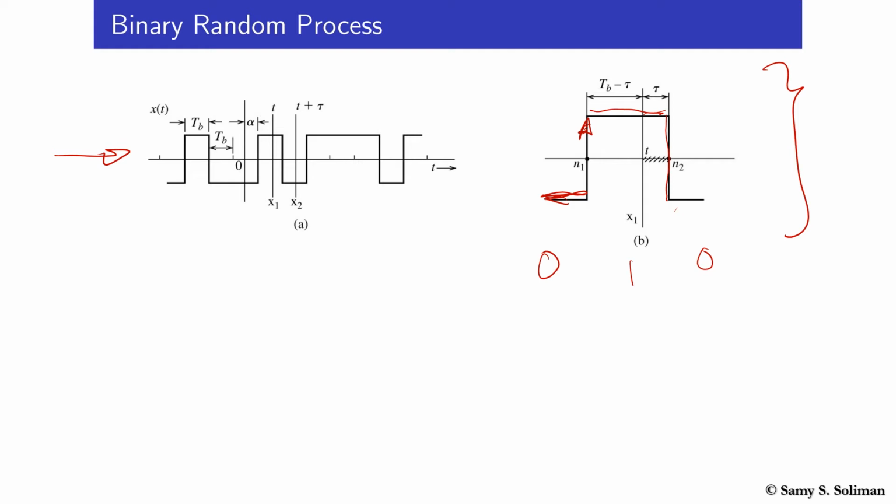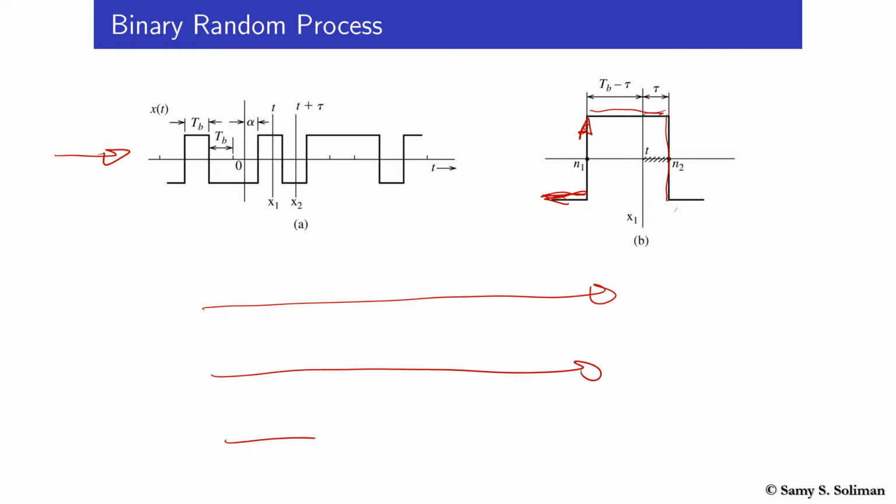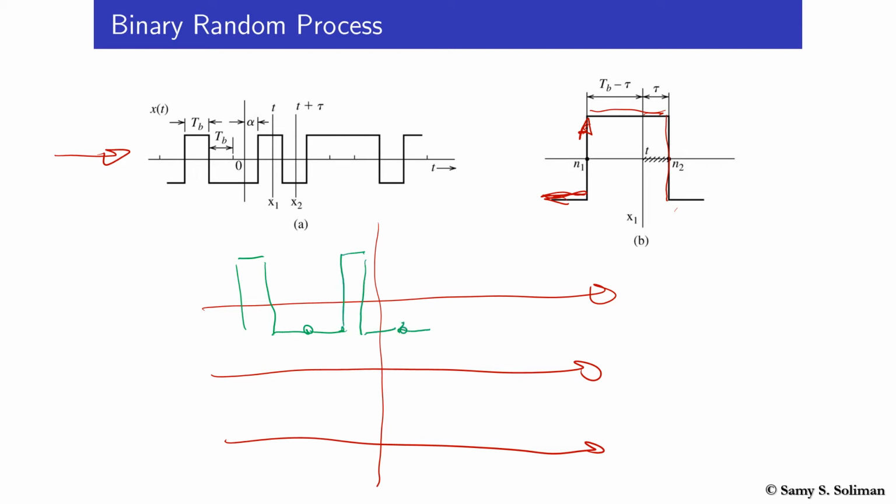In order to understand this more, let's first draw the ensemble of this random process. Let's draw some sample functions of such a random process. Let's assume this is the origin. So we can have a stream, for example, starting right here with bit 1, followed by bit 0, another bit 0, followed by bit 1, and then bit 0, another 0, another 0, and 1, 1, 1, 0.